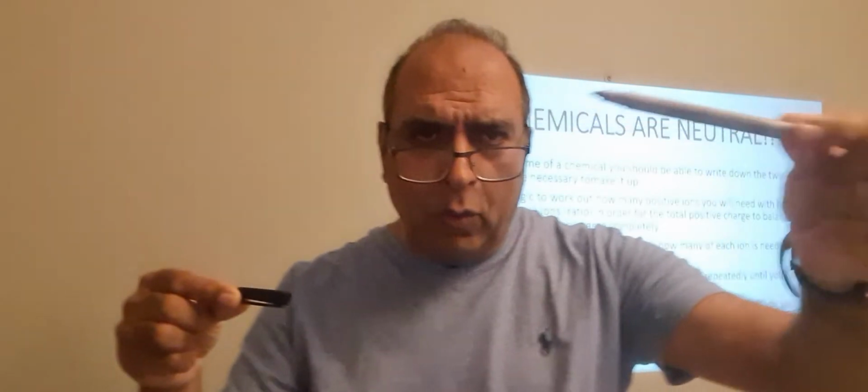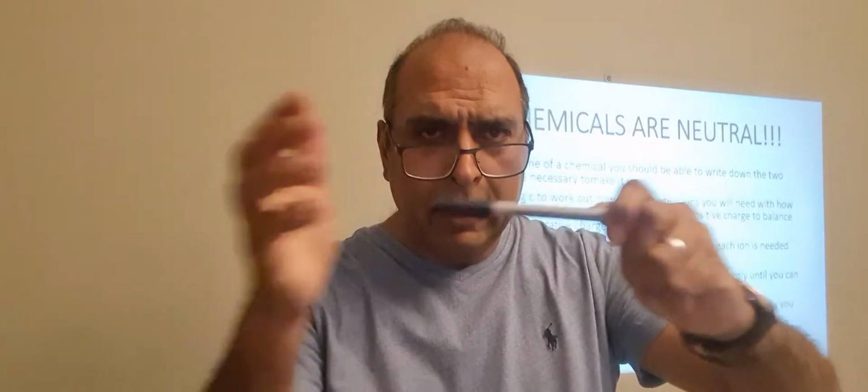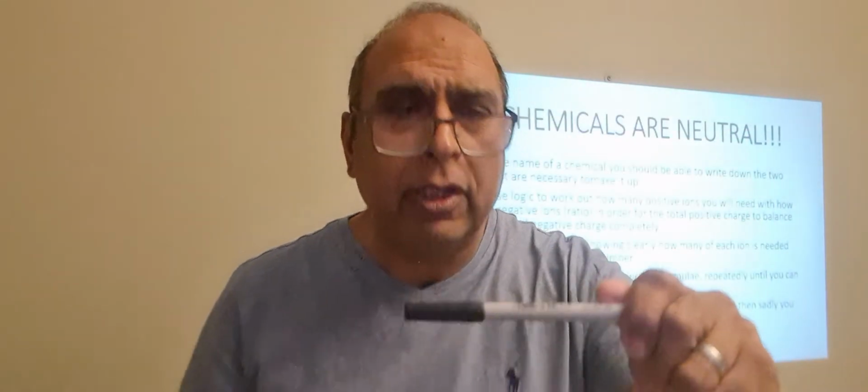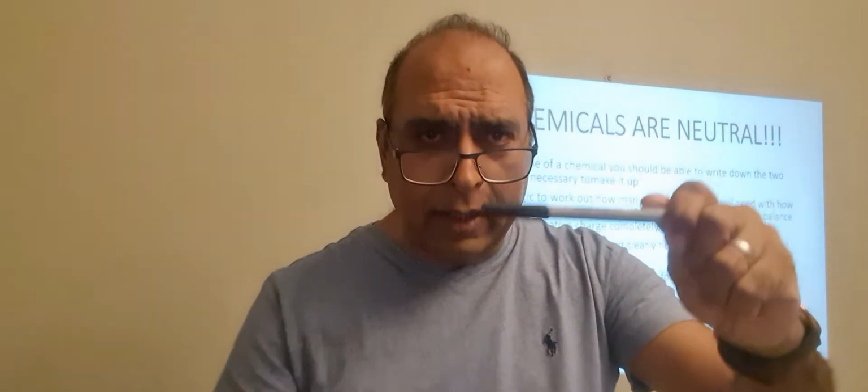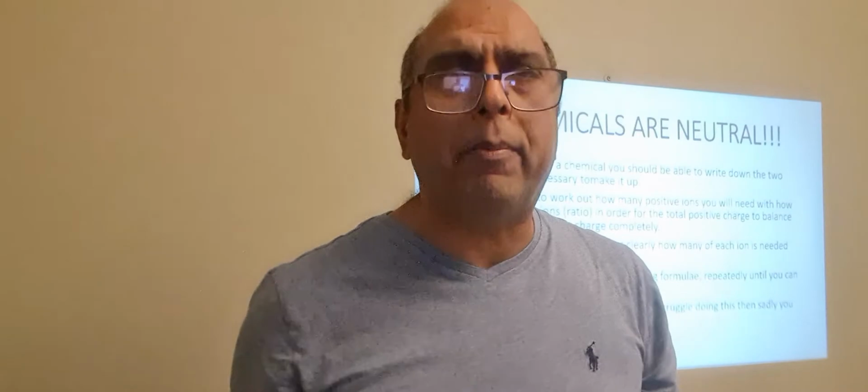Then that 1 negative and 1 positive, if they were to come together, they would cancel out. The 1 positive would cancel out the 1 negative. As a consequence, that whole thing would not be charged.